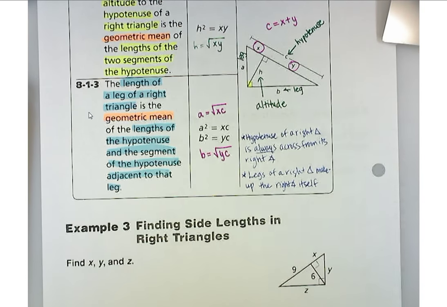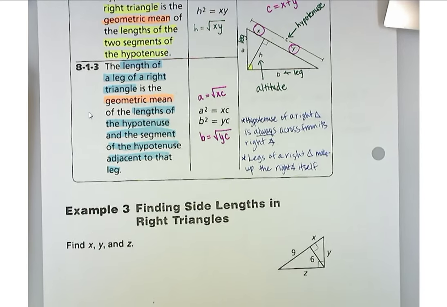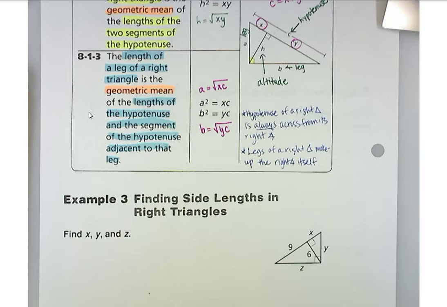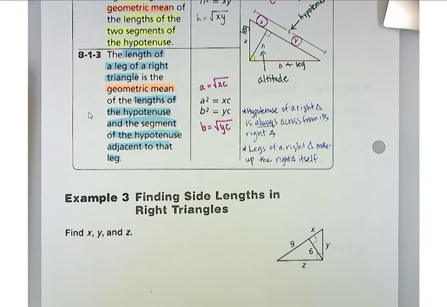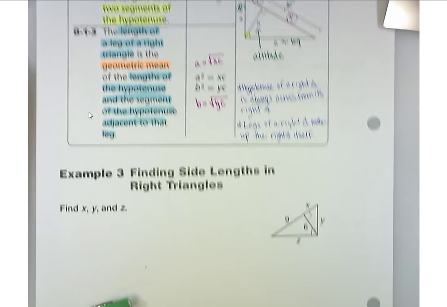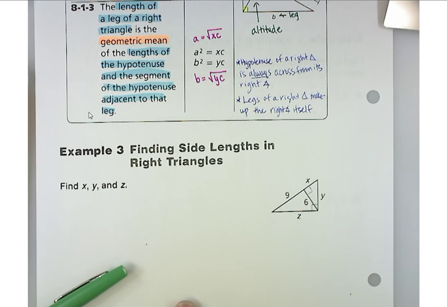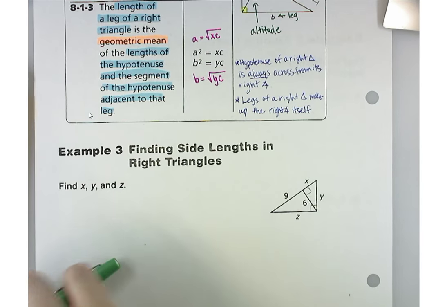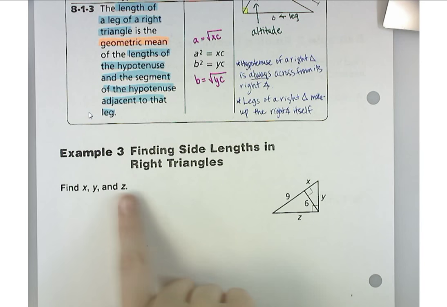Okay, so now what we're going to do is try example 3. So example 3, we're going to find the side lengths in right triangles. This says to find your X, your Y, and Z. When you are solving these, we're going to solve this in alphabetical order. Sometimes what you're going to have to do is look and see which one you can solve for.